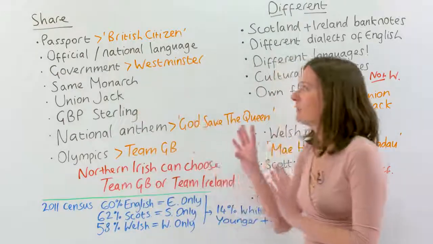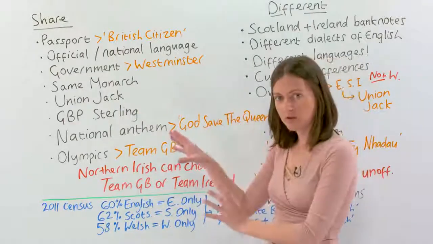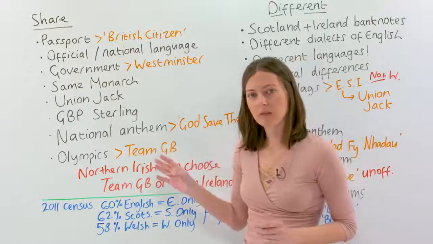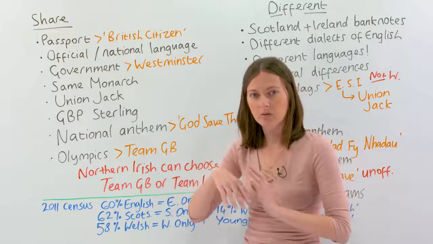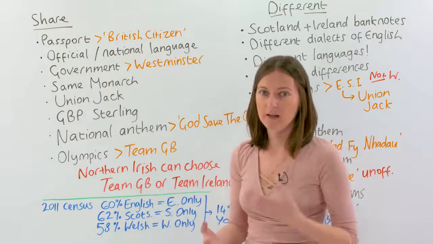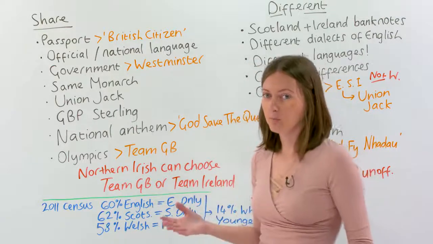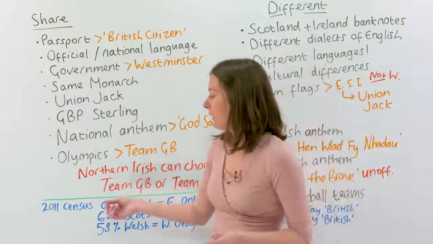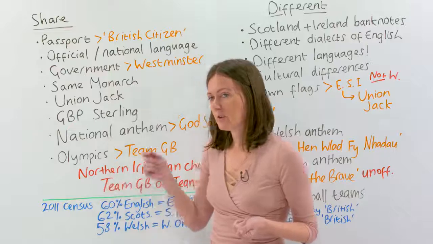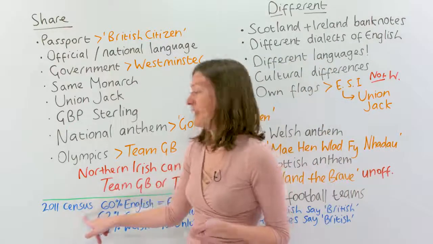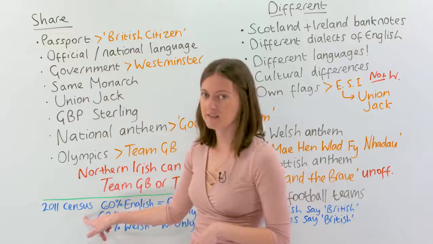So considering what the countries share and what's different, I want to talk lastly about, raise questions of identity about what does it mean to be an English person or a Scottish person versus a British person. And one way to look at that is to look at the data of the 2011 census.